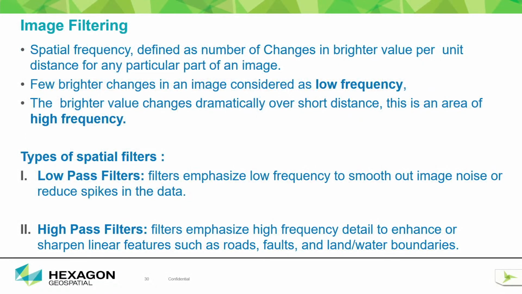Now I am coming to image filtering. What is image filtering? Basically in an image there is spatial frequency, which is defined as the number of changes in the brightness value per unit distance for any particular part of an image. If you take an image of an arid or semi-arid region, the whole image will be bright because there will be only sand.